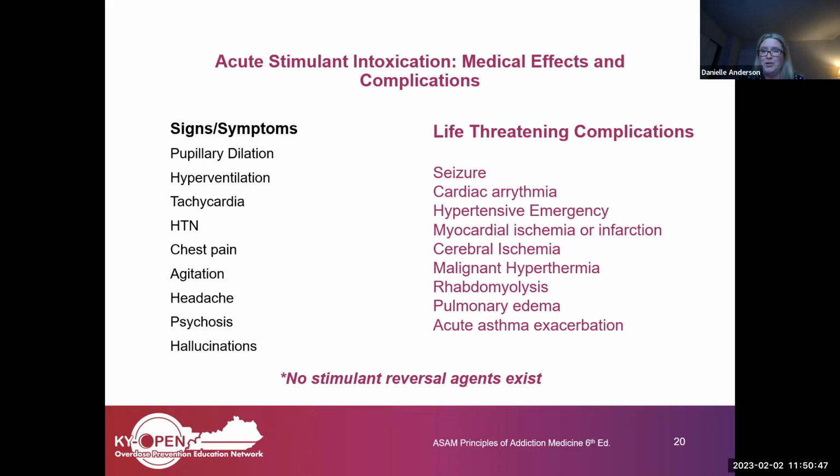And I think this is something we don't think of as often. Maybe Matt sees this more working in the hospital, but sometimes those of us who don't see people acutely intoxicated may not really focus on these things.